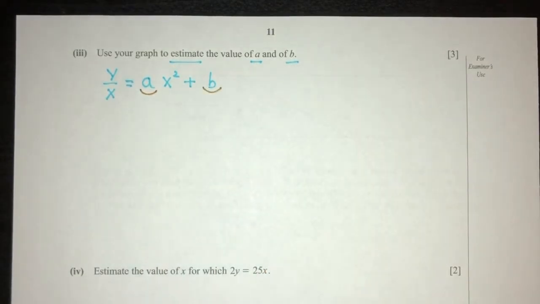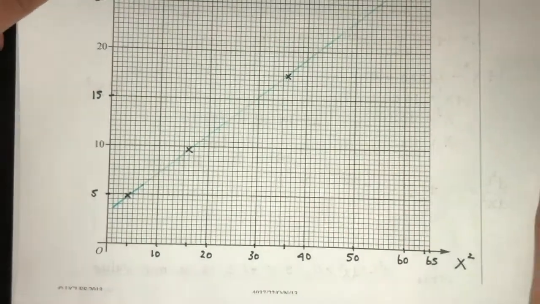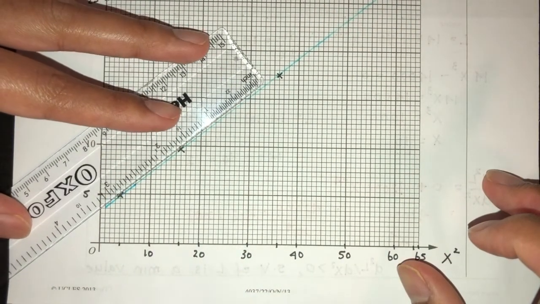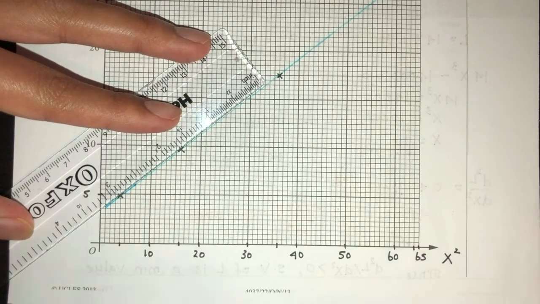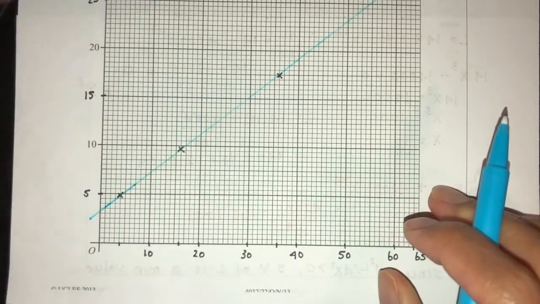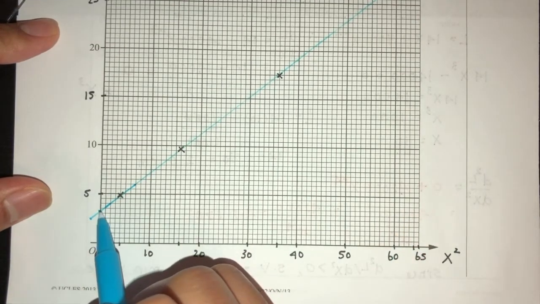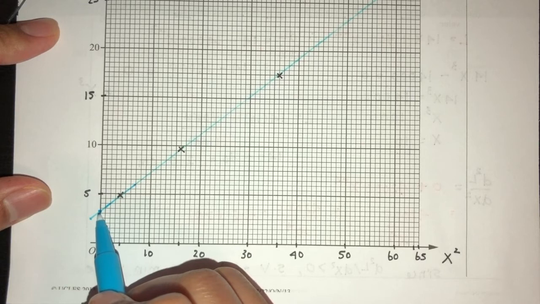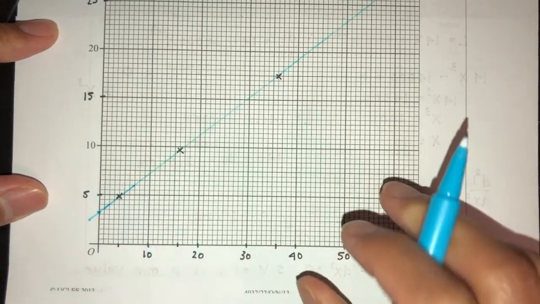So first let's find the value of b, to see where your y-intercept is. If you continue this line, you can see where it cuts your y-axis. So use your graph. That will be about this point. This will be 1, 2, 3. That will be about 3.2.